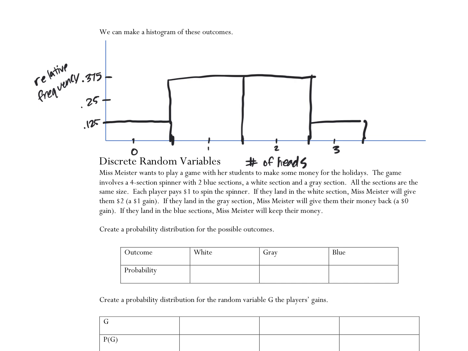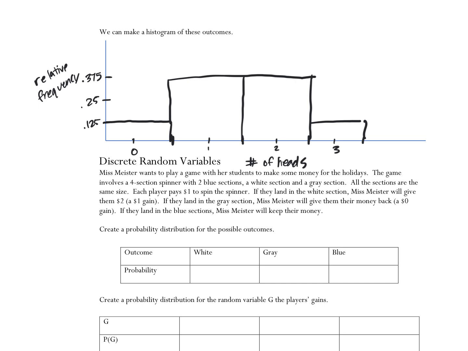And in a large number of trials, this is what we would expect to happen. Are we good? The histogram, yeah?